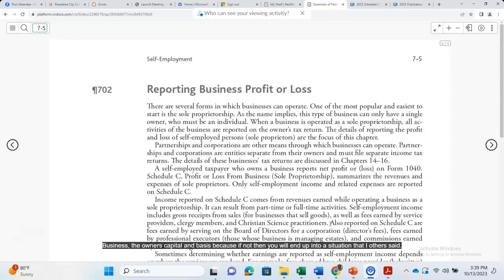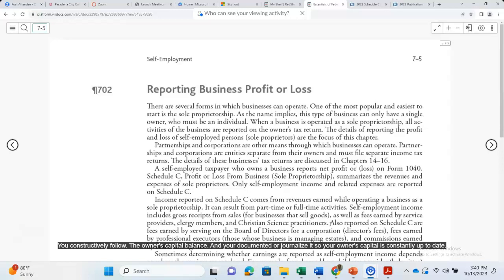If not, you will end up in a situation where the IRS will say, since you don't have any proof of your owner's capital and you are not documenting owner's capital, then the whole amount that you sold your business for is capital gain. So the only way to avoid that whole amount being capital gain is from day one that you start your business, you constructively follow the owner's capital balance and you document it or journalize it.